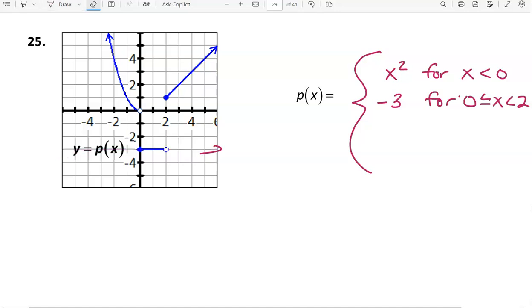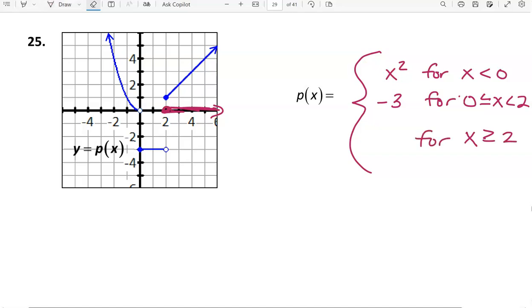And now for the last piece of the function, if we just look at it on the x-axis, we have an open circle on x equals 2, and we have a closed circle on x equals 2, and the graph is pointing to the right, so that is for x values that are greater than or equal to 2.